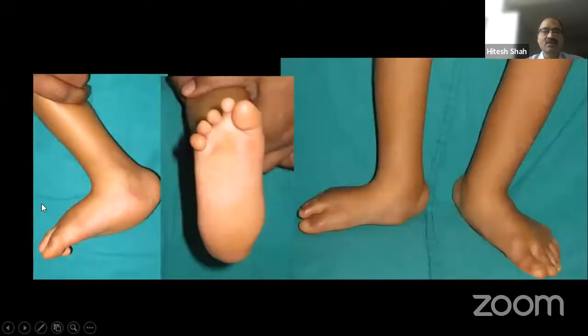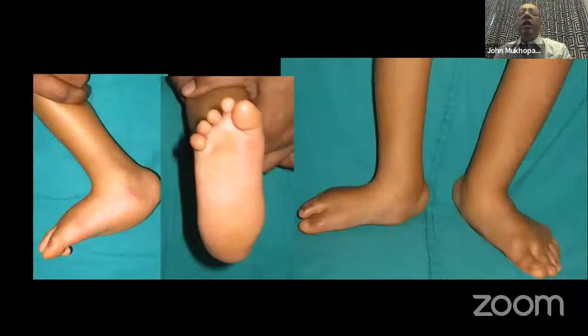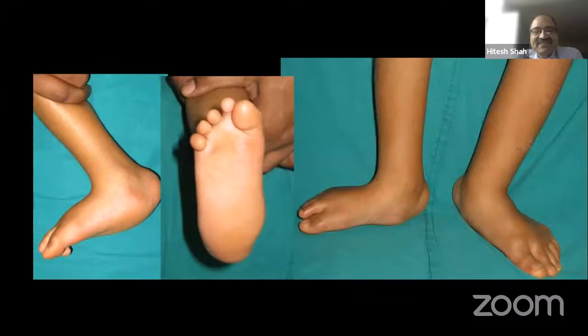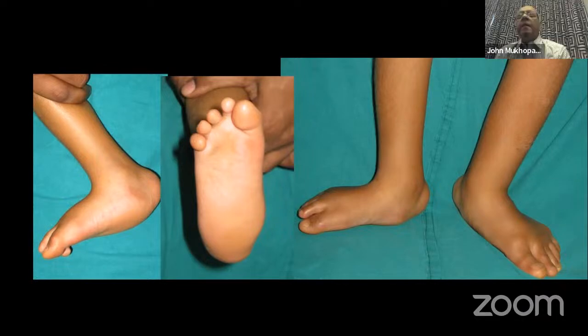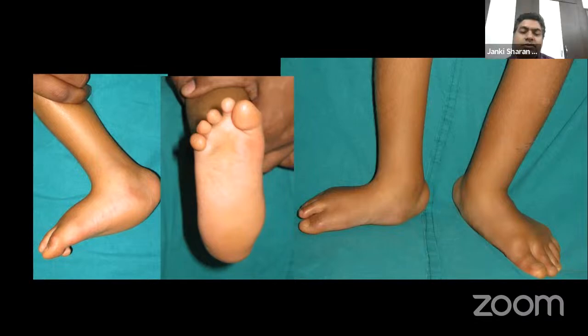Is there anything that will make you wonder whether it is a true congenital vertical talus or something else? Avinash, you can answer that one.